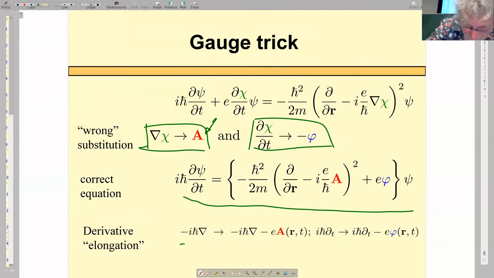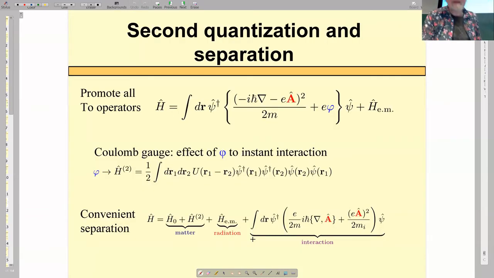Right. So, a simple way to talk about this is derivative elongation. Each derivative acquires an extra term: the scalar potential in the case of the time derivative, or the vector potential in the case of the gradient. Good.